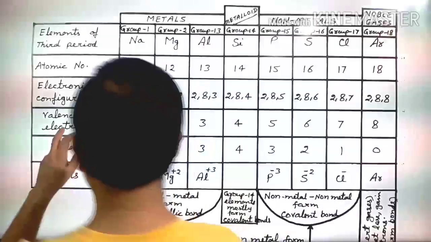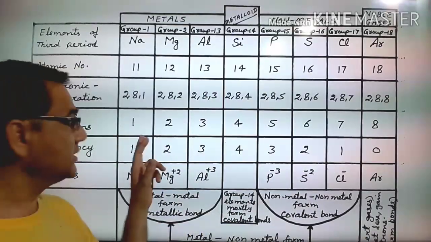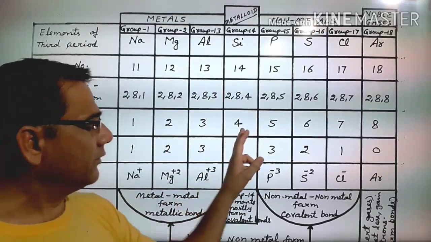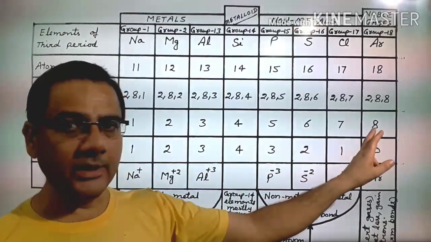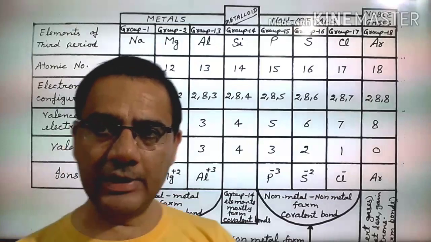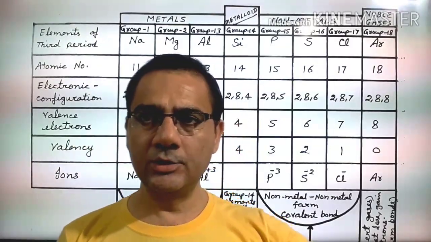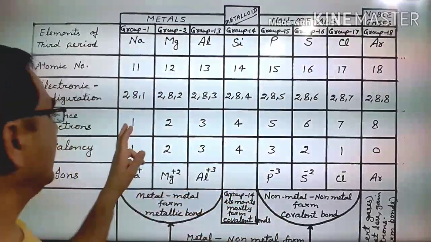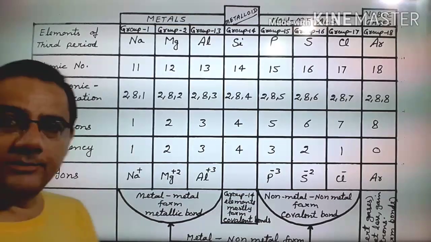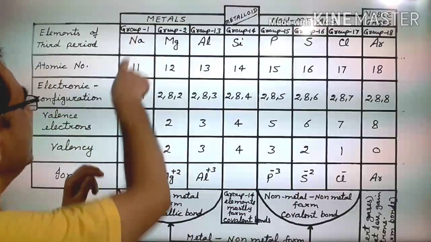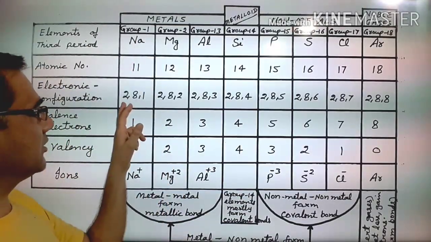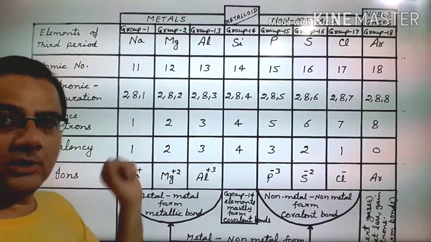Now valence electrons. How many valence electrons? See, 1, 2, 3, 4, 5, 6, 7 and 8, because I told you the number of valence electrons increases from 1 to 8. So these are the valence electrons. We will see them one by one. The first element I take is sodium, which has the configuration 2,8,1 and valence electron 1.